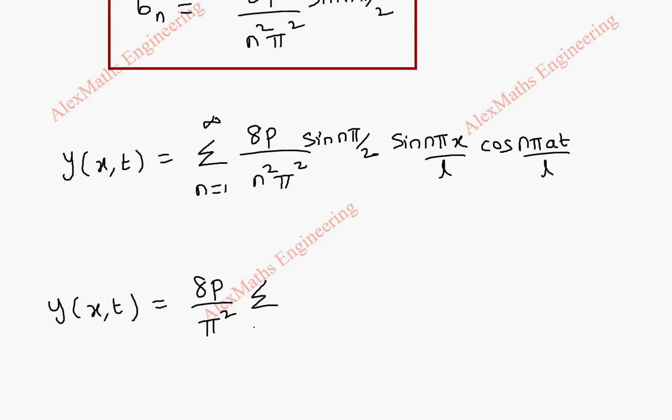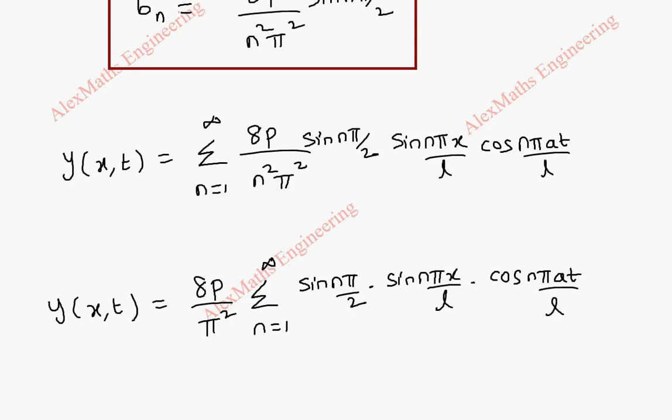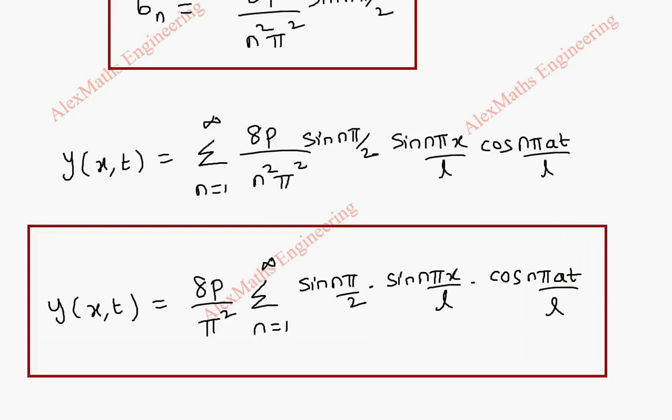We have summation from n is equal to 1 to infinity, then sine n pi by 2 into sine n pi x by L into cos n pi at by L. So this is the required solution. And this n square also we have to write, because this n square is not taken outside. So we write 1 by n square here.